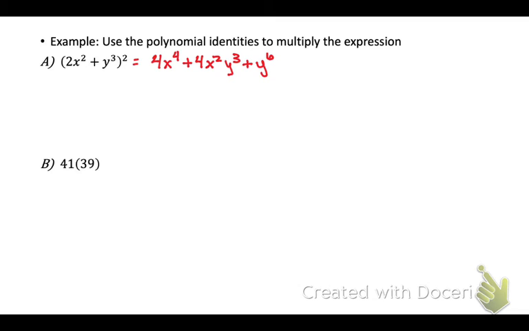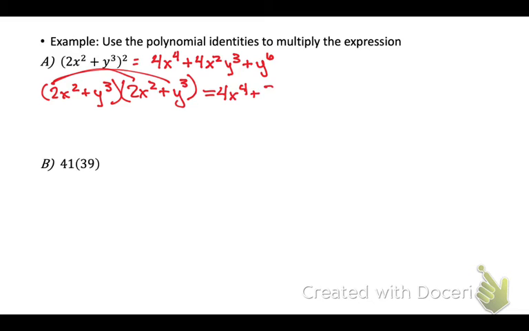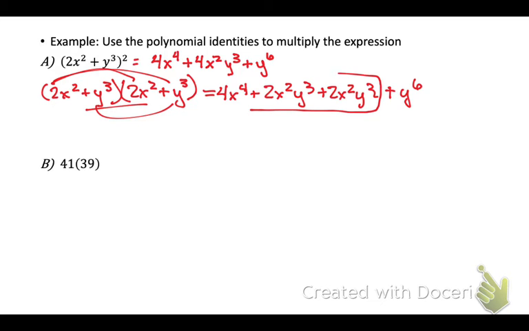Yeah. Okay, so let's check and make sure we did it right. So it's 2x squared plus y cubed, and 2x squared plus y cubed. Because this is what you had to do the other day, wasn't it? So then we have 4x to the 4th plus 2x squared y cubed plus 2x squared y cubed plus y to the 6th. So was that easier to know the rule? Yes.